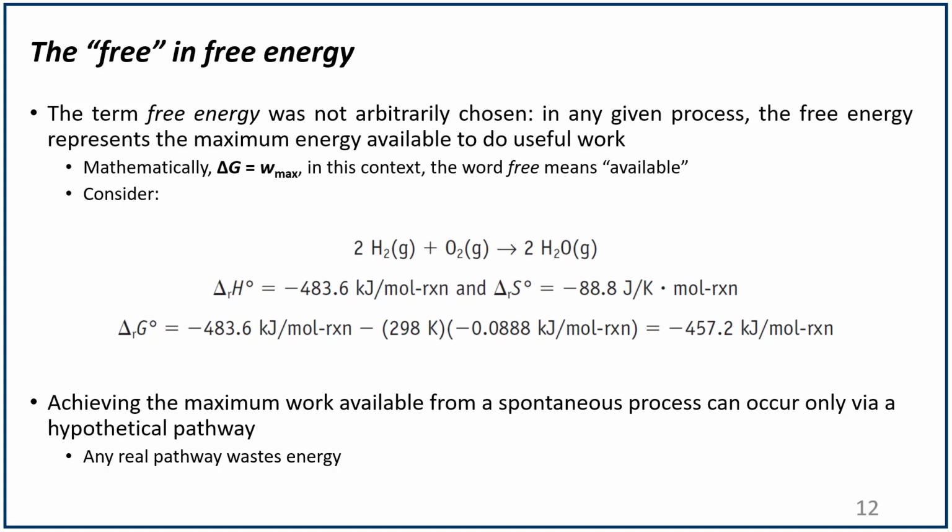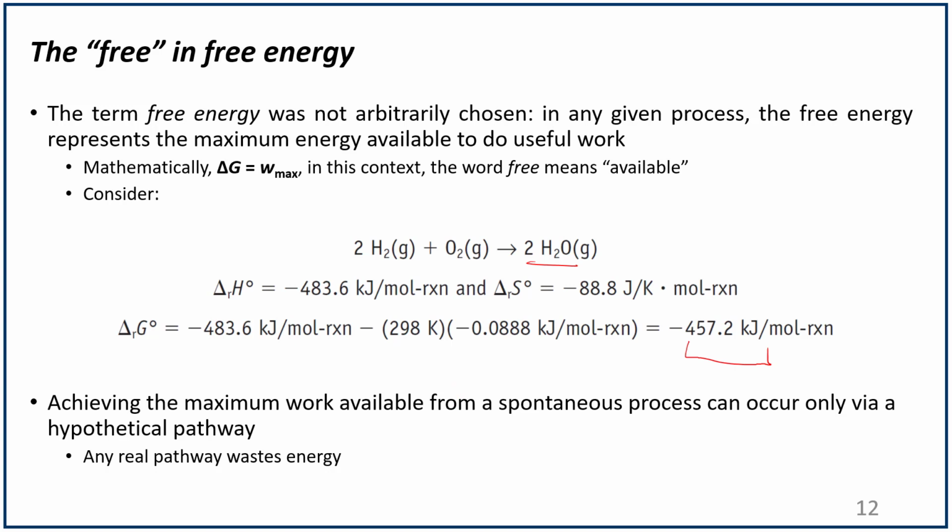For example, if delta G is negative, let's say for the formation of water vapor, then this just means that 457 kilojoules per mole of energy is available to form water. The opposite of that, 457.2 kilojoules, if delta G was positive, will be the amount of energy that should be available in order to reproduce hydrogen and oxygen again.